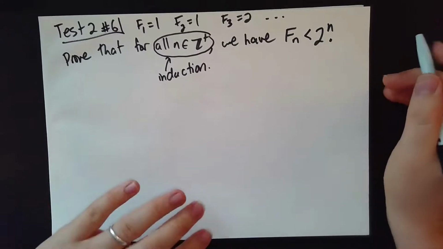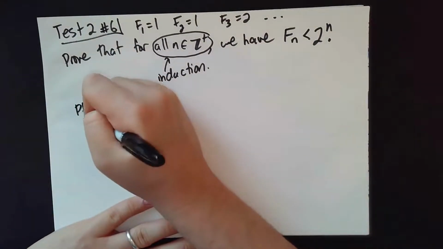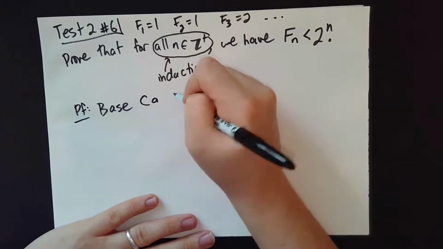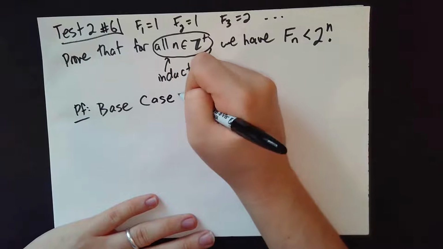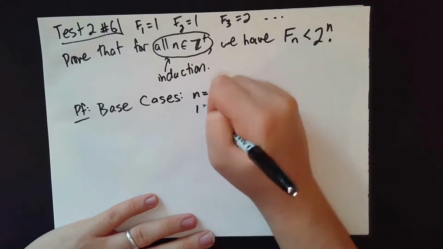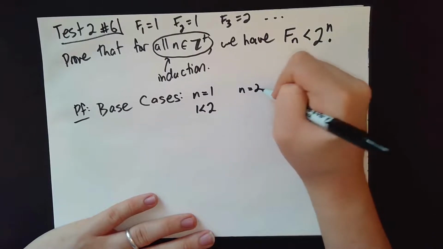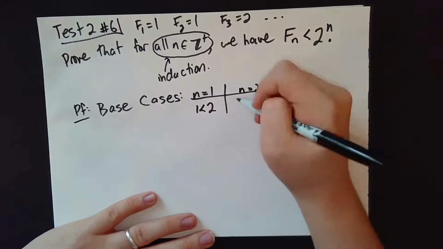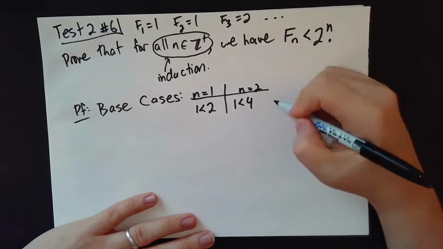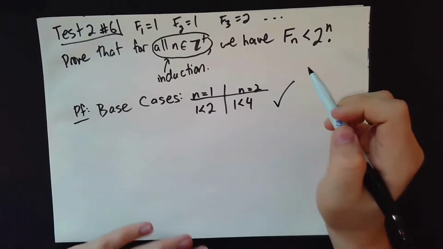Namely, when we write this down, for our base case, I'm going to check that this is true for n equals 1 and n equals 2. One is also less than 4. So I've got my two base cases.